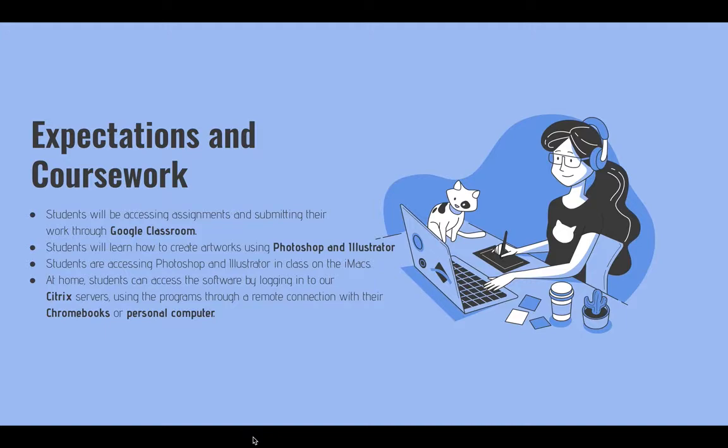These are similar to how they accessed the software last year if they were in Digital Art 1 when we were in remote learning. Basically, it's a remote connection to a server at our district office, and the students will log in with their school credentials and have a remote connection to software housed on those servers. It's a great opportunity for students to extend their learning beyond the classroom time, but they will be given plenty of time in class to complete all of their work.